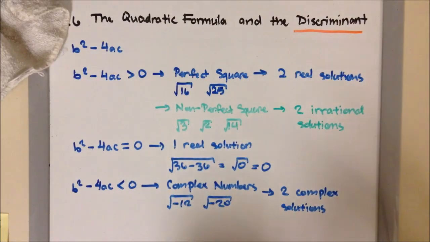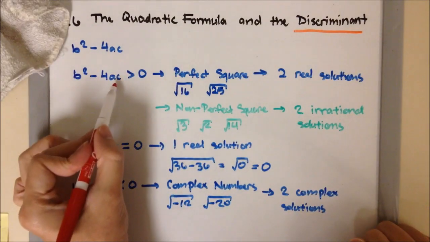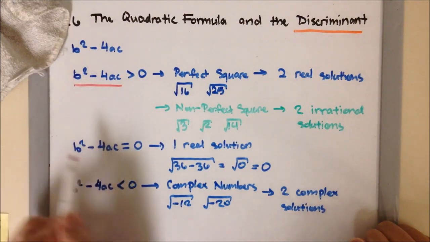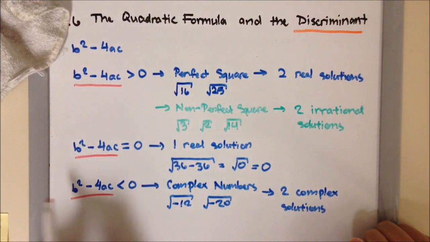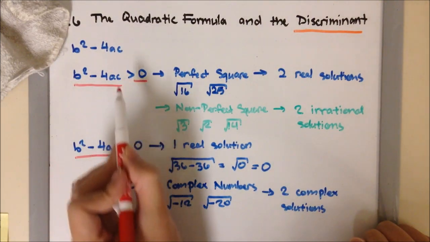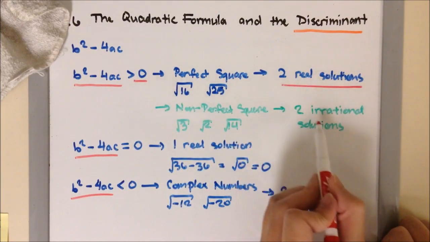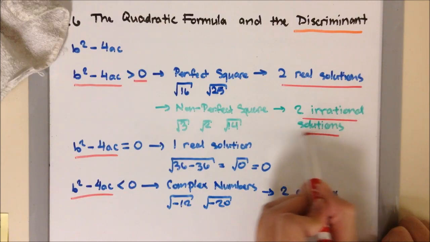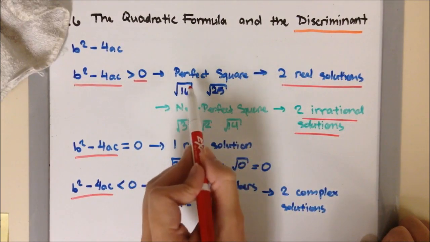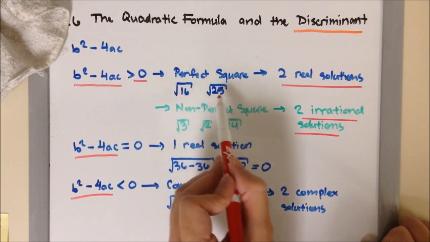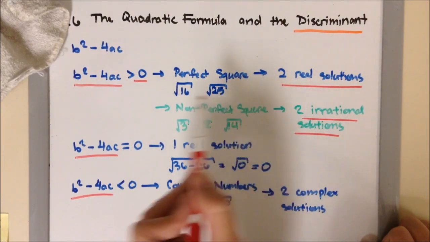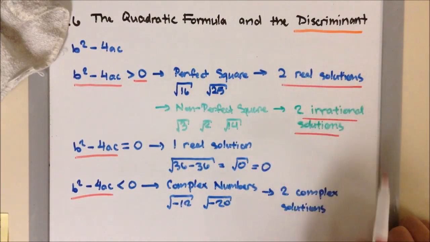So, if you were asked about the discriminant, you're just mainly going to look at the b squared minus 4ac. If it's more than 0, perfect square or non-perfect square, 2 real solutions or 2 irrational solutions. So, to clarify, if it's a perfect square, like 16, 25, 36, 64, and so on, 2 real solutions.